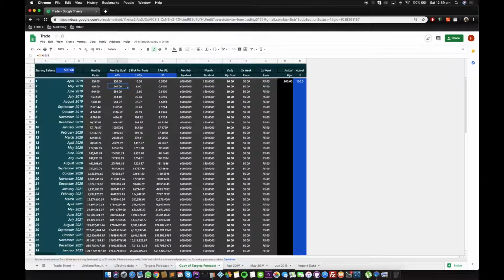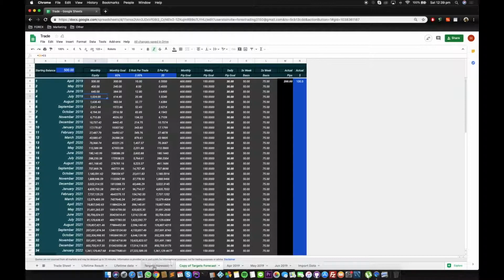Therefore, your monthly goal is $240, your risk per trade is $8, and your dollar per pip is 40 cents, and so forth. And that pretty much is $13 per day to meet, and so forth. You can just keep adjusting from your target.